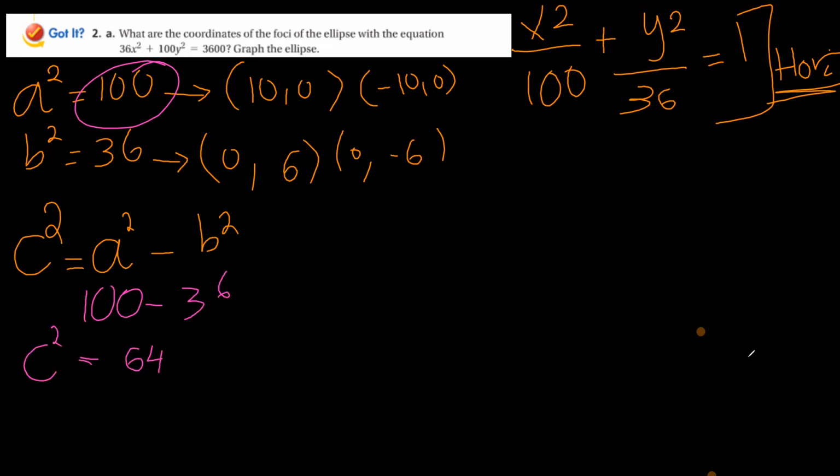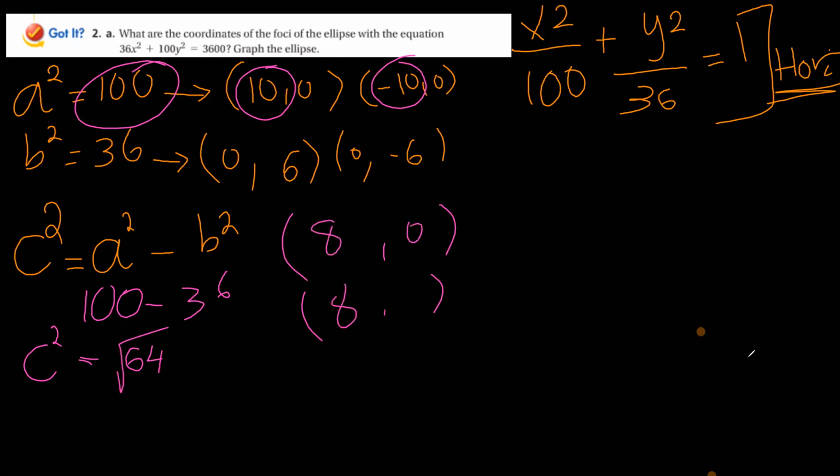So c squared now is 64. So what is the coordinate of the foci? Look at the vertices, they are on the x-axis. So the foci will be on the x-axis too: (c, 0) and the second one (negative c, 0).